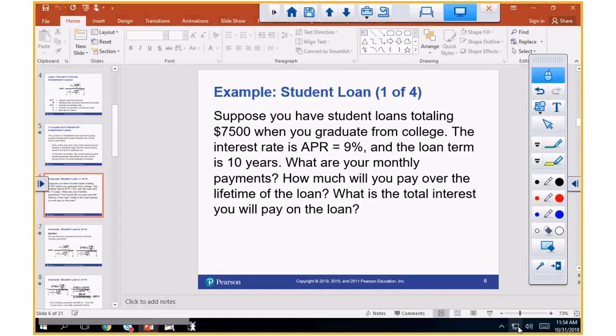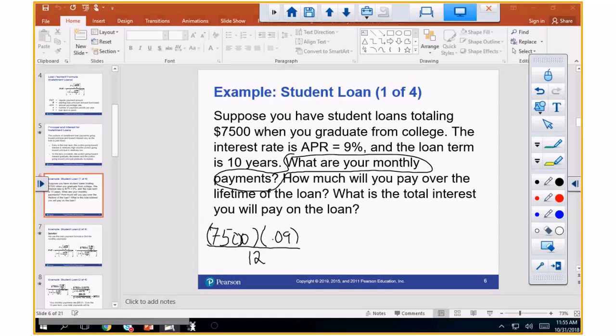All right. So P is 7,500. So that's going to be 7,500. And I can multiply that by what? R, right? And put it over N. Isn't that what I said? So that's going to be R is 0.09 divided by N, and N is always 12, because what are we used to? Monthly payments.